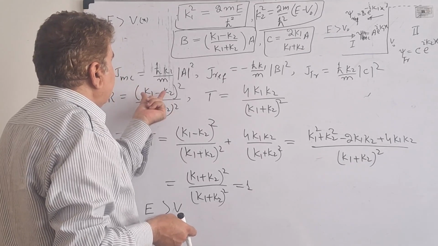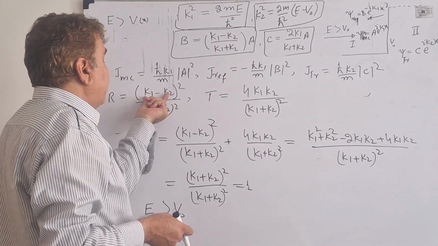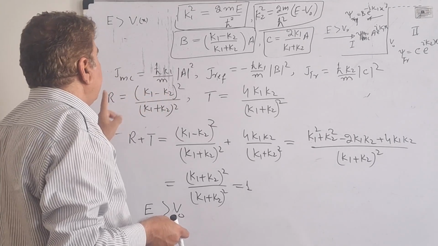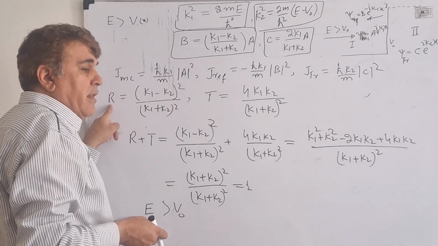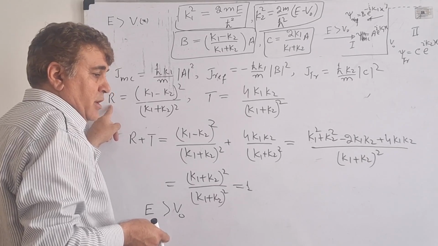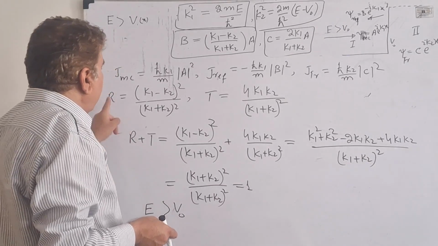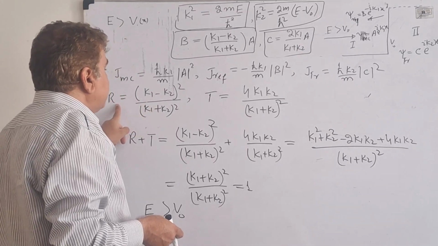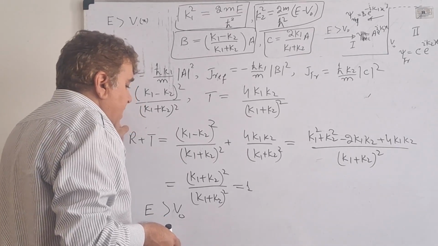Then this term is not vanishing, and if this term is not vanishing, that means R cannot be 0. So for E greater than V naught, R cannot be 0. That means there should always be reflection.